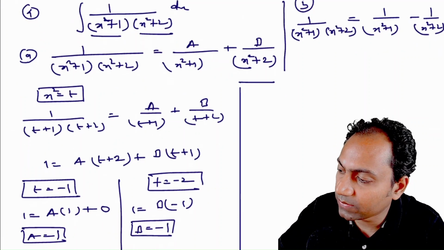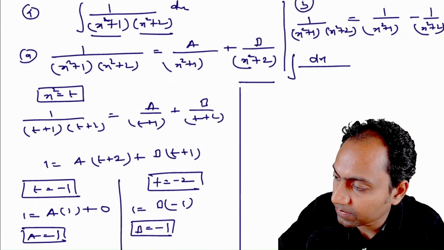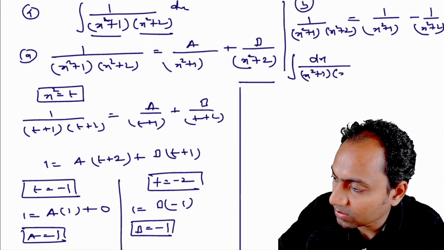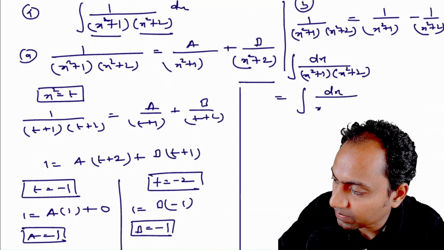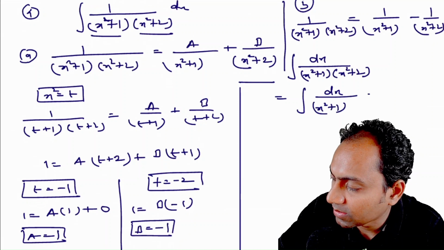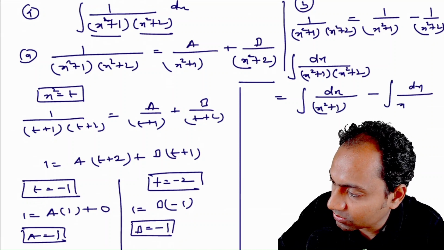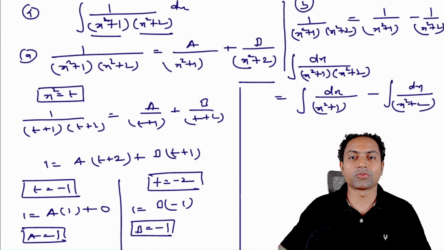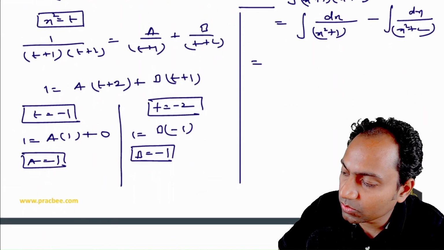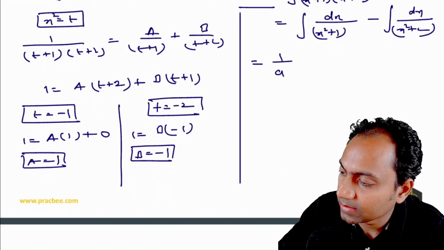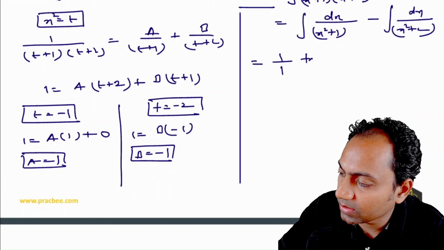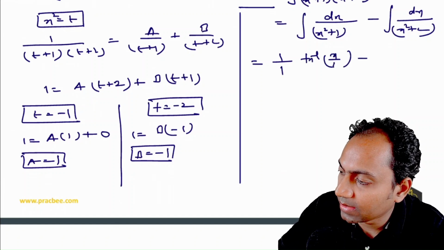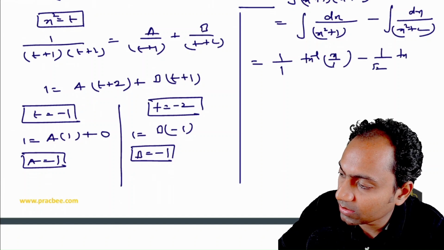Now if I integrate, it is dx by x square plus 1 into x square plus 2, and this will become integration of dx by x square plus 1 minus integration of dx by x square plus 2. Now this is a directly formula based question. The answer for the first part comes out to be 1 by a, where a in this case is 1, so tan inverse x by 1. And in the second, it becomes 1 by a, that is 1 by root 2, tan inverse x by root 2, plus c.